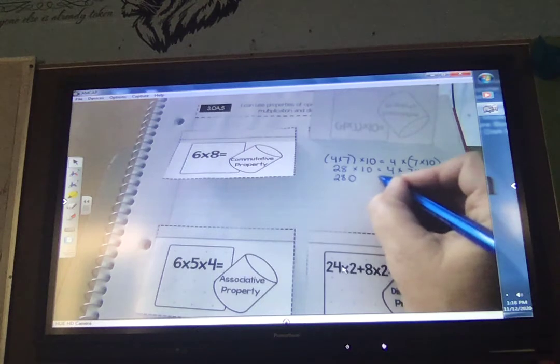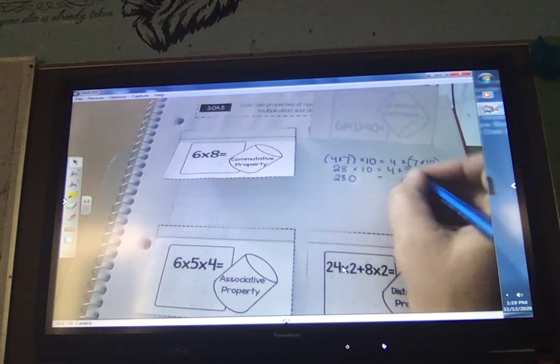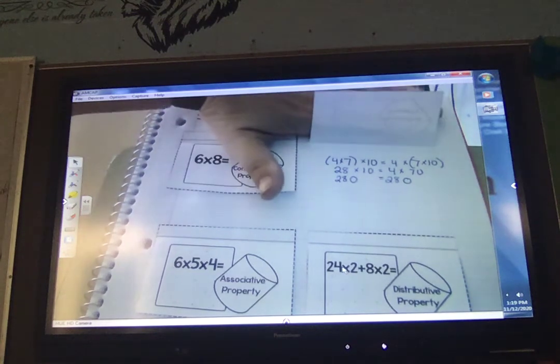Again, I have a drop down 0 rule. I can drop that 0 right on down, and 4 times 7 is 28 again. So either way, no matter how we group them, we still get 280. Sorry, I forgot my 0. 280 on both sides. That's the associative property, changing our groups.